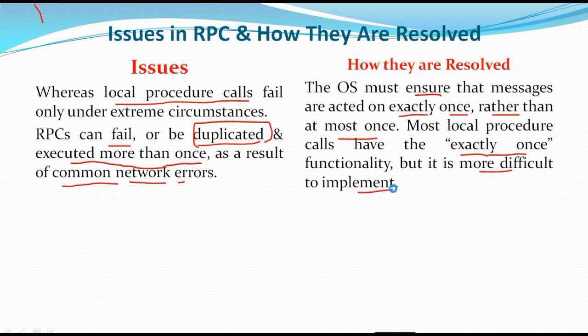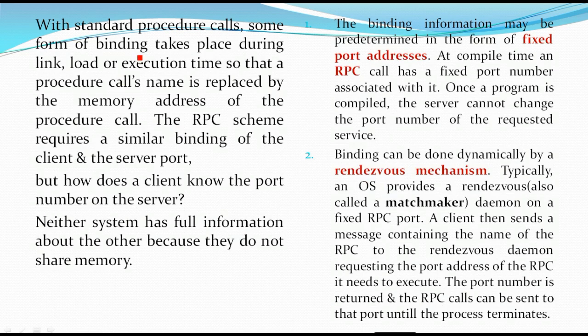Now with the standard procedure call, some form of binding takes place during the link, load and execution time, so that a procedure call name is replaced by the memory address of the procedure call. The RPC scheme requires a similar binding of the client server port.